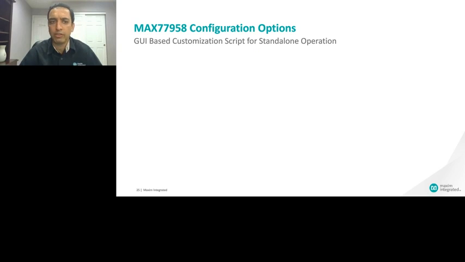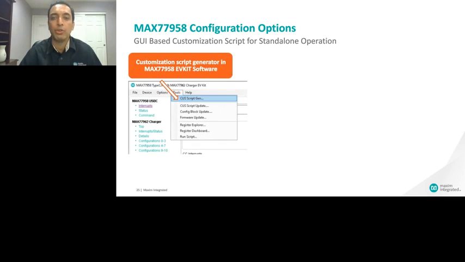So speaking of customization, let's go into a little more detail. We have a graphical interface that allows you to program your customization script in the factory. I just have some illustration on how this is performed on the graphical user interface. We have a customization script generator, which is present in the EVKit software.